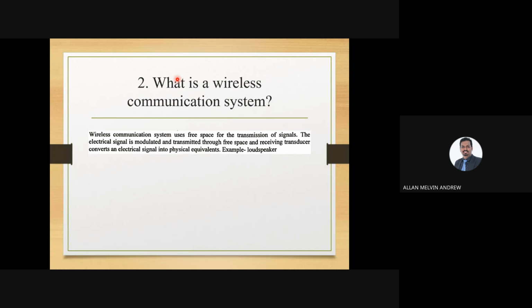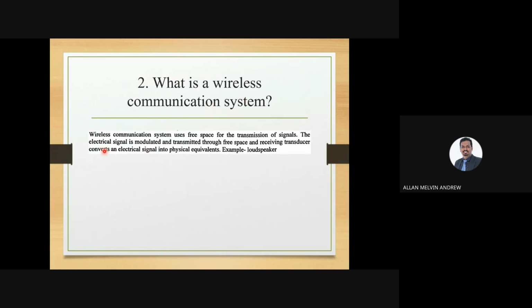If the question says explain the advantage of a wireless communication system, it's already narrowed down, so you cannot discuss disadvantages. But if the question is "what is" something, you can explain a lot of things. It's quite open.